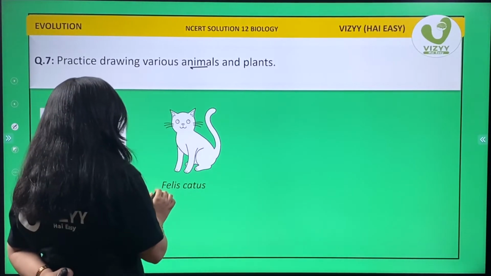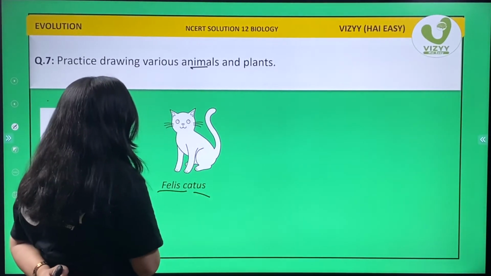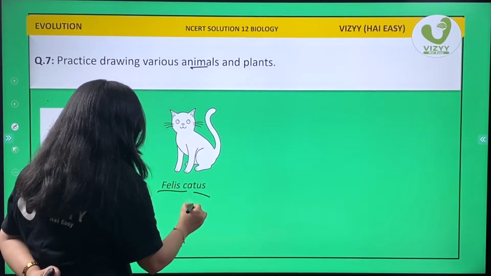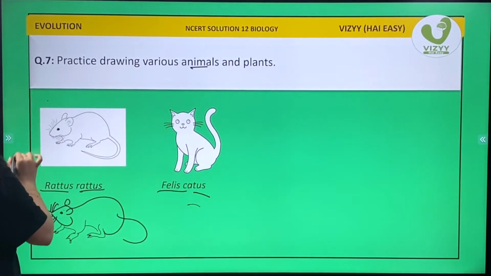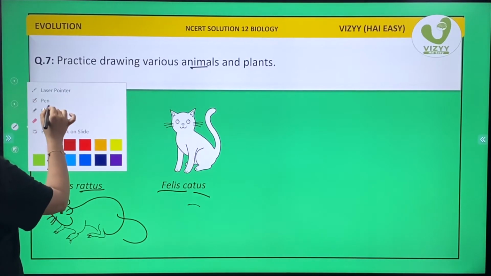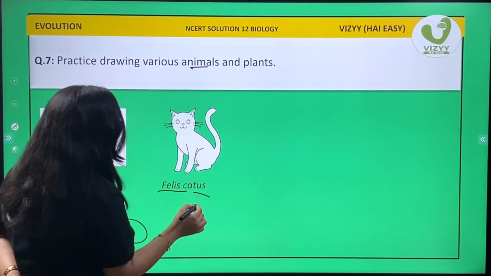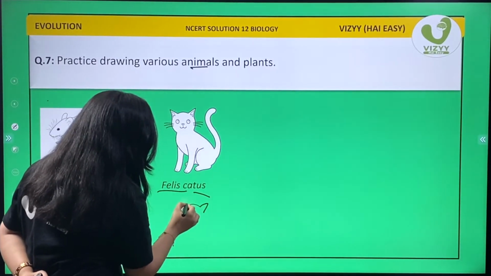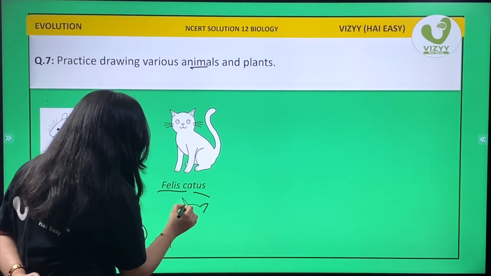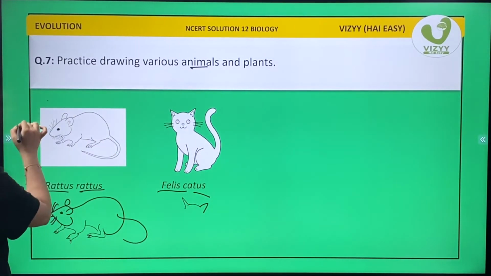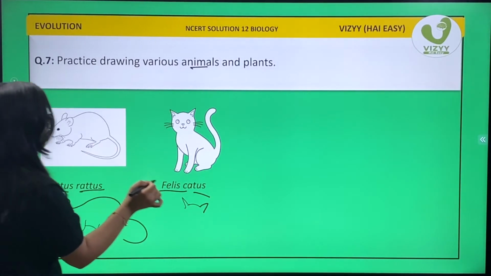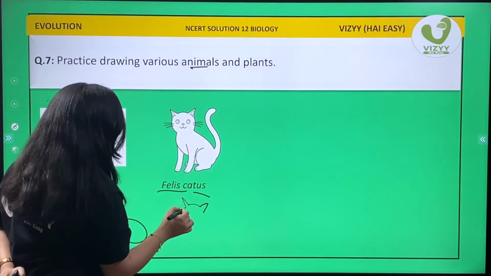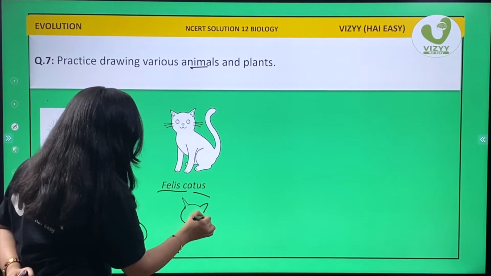Cat is known as Felis catus. This way. Two ears.